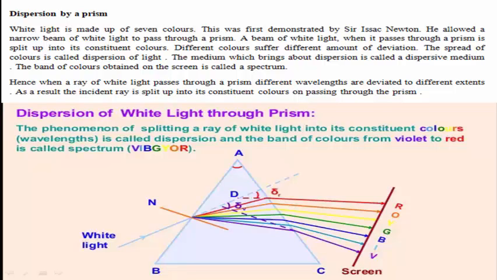As a result, the incident ray is split up into its constituent colors on passing through the prism. The phenomenon of splitting a ray of white light into its constituent colors is called dispersion, and the band of colors from violet to red is called spectrum, that is VIBGYOR.